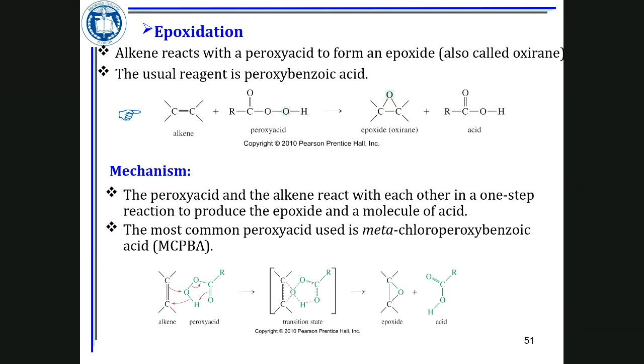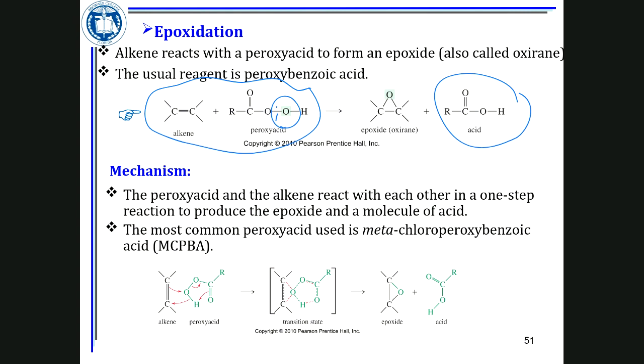We already talked about epoxidation, or formation of epoxide, when you are using the peroxy acid. The peroxy acid is very unstable compared to carboxylic acid. The oxygen that we have attached with a single bond to the other oxygen, this bond is very weak, unstable, and it's going to form a triangle and formation of epoxide.